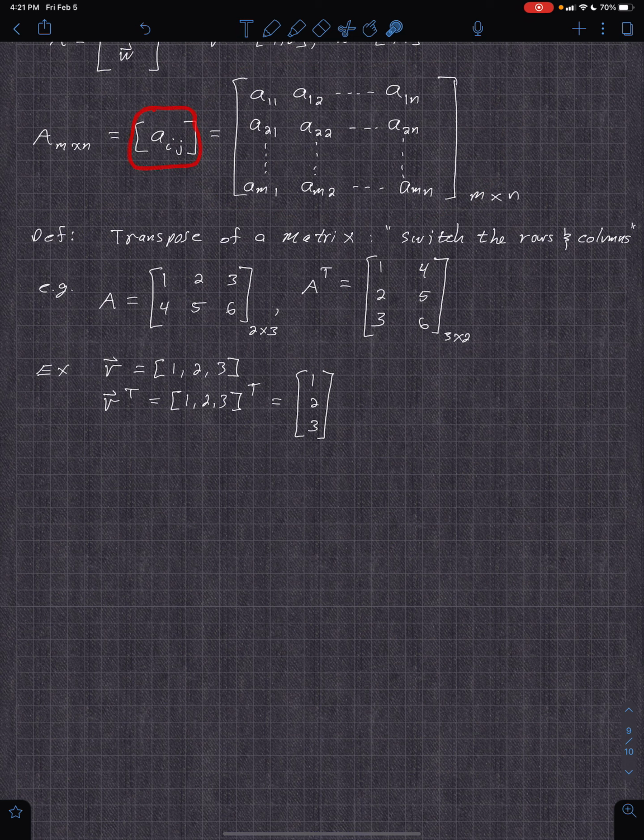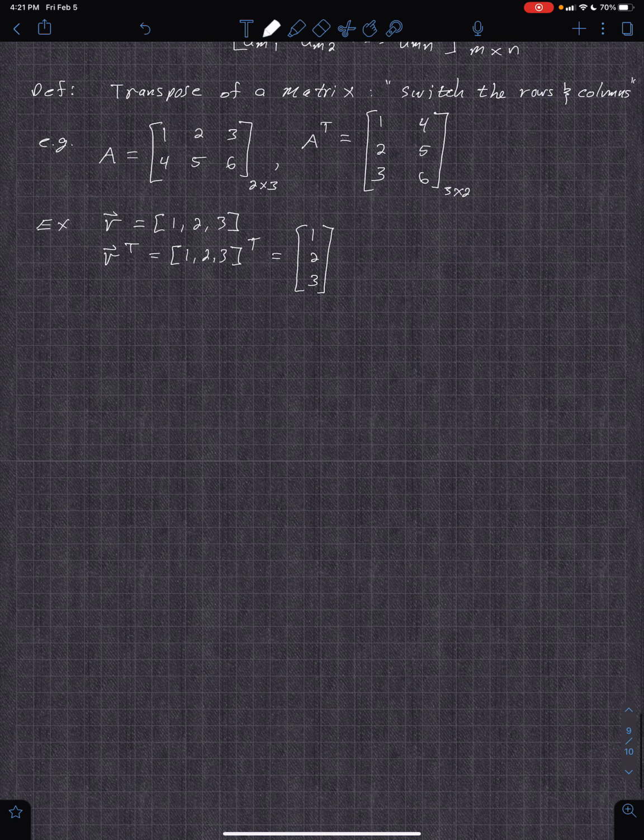Two matrices A equal to Aij and B equal to Bij are equal if they are the same size and each entry is the same.